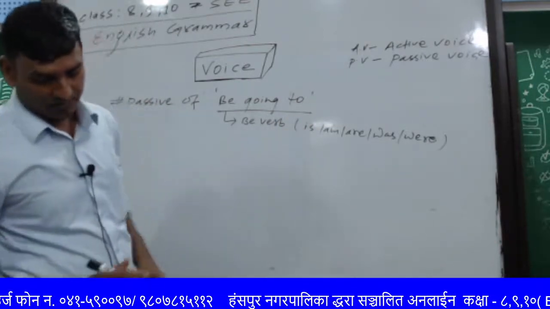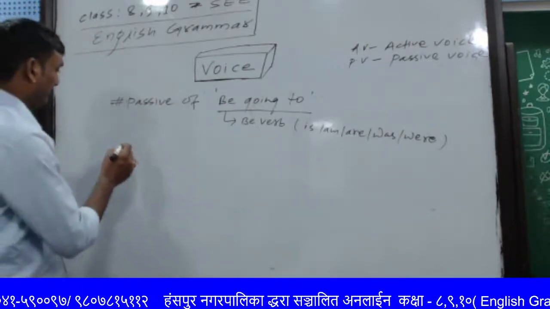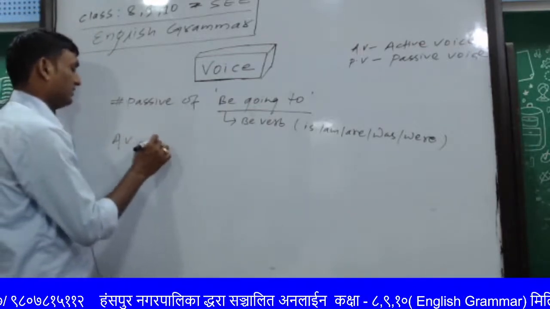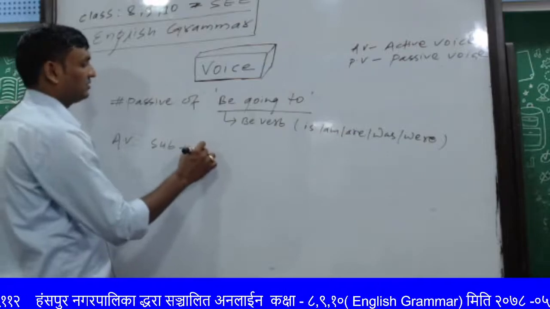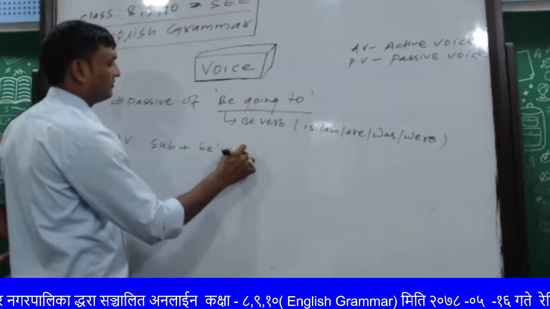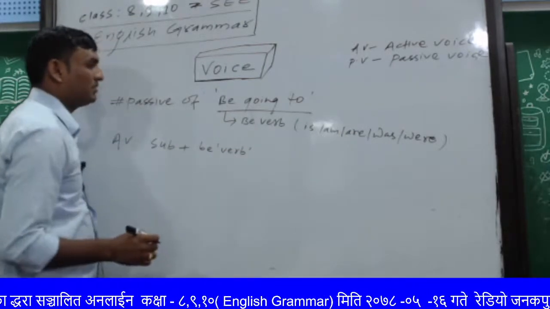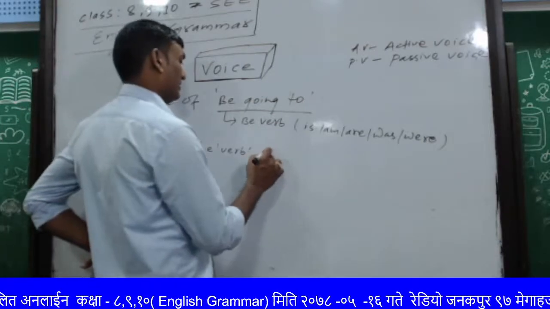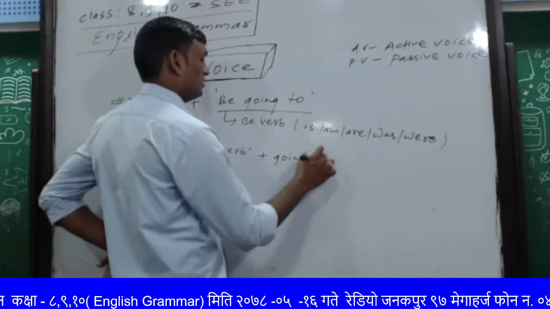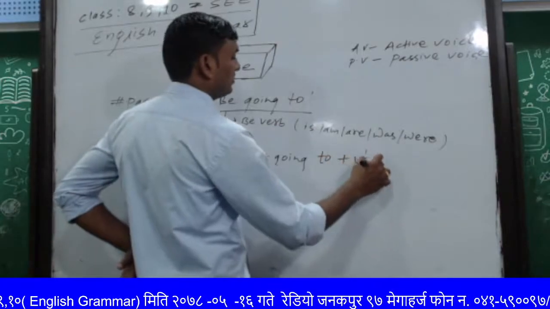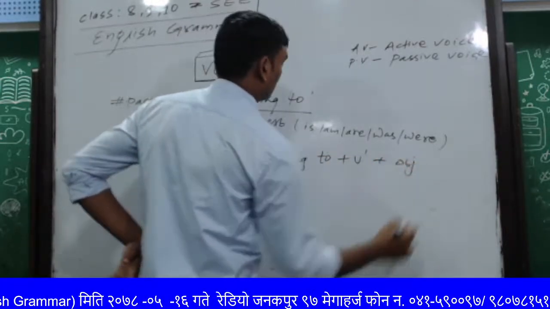So the structure of active voice: subject plus be verb, then going to plus V1 plus object.